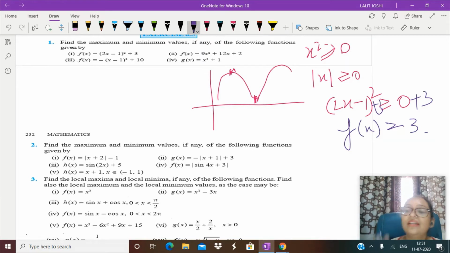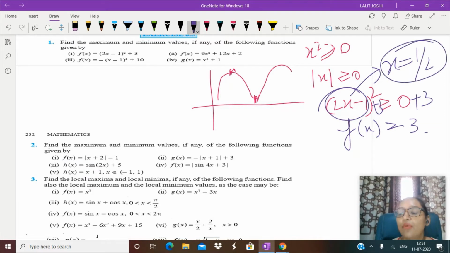So what does it mean? That the minimum value is 3 and I cannot find the maximum value. Over here, I know the minimum value will be 3 when this whole square will be 0, when x is equal to 1 by 2. So I can say the point is half at which the minimum value is 3, right? No maximum value in this case.